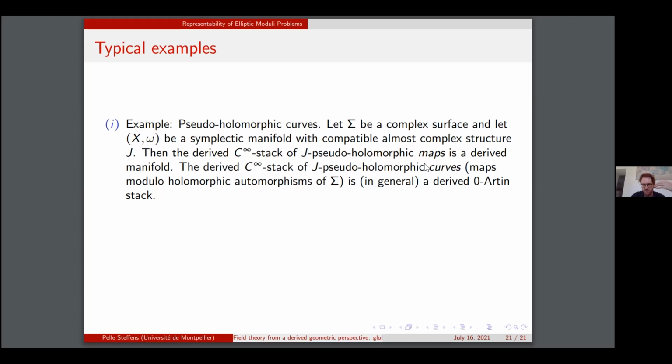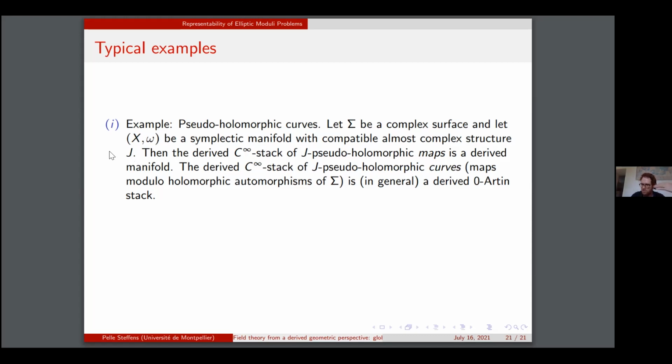So what does this mean? It means that instead of looking at all maps from your surface to X which are holomorphic, you also quotient by the automorphisms of this source. And if you work in a Banach manifold setting, that is really difficult to accomplish. Because in a Banach manifold setting, your functions or sections are never smooth.